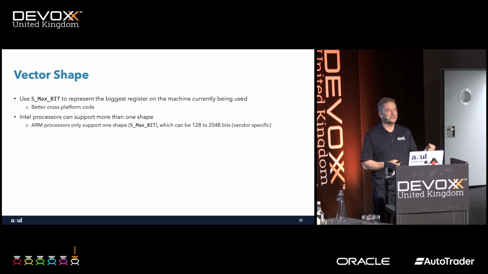That's a really big register. That is very much vendor specific, so it depends on whichever implementation of the ARM architecture that you're using, whether it's Apple Silicon or whether it's a Snapdragon processor. It will be dependent on what they actually implement in that. So you just use S max bit on an ARM processor and it'll give you whatever's available there.